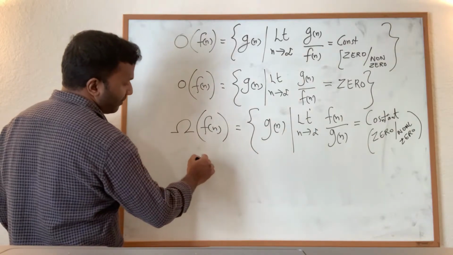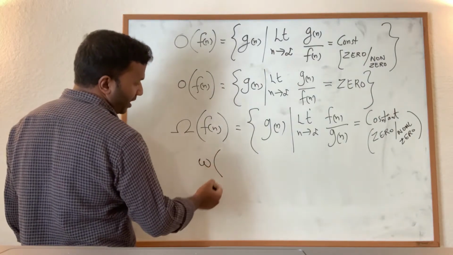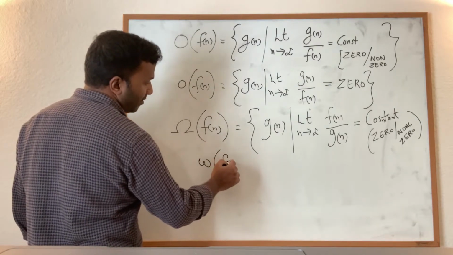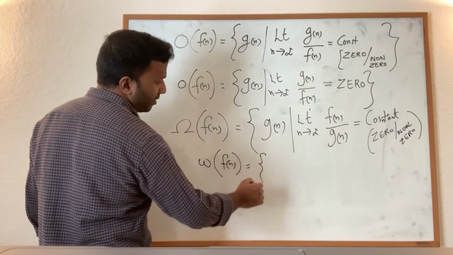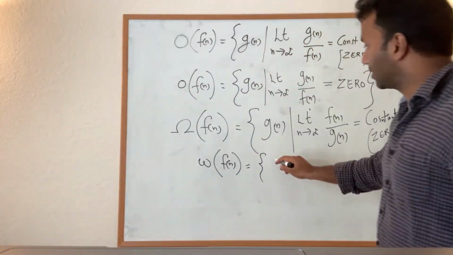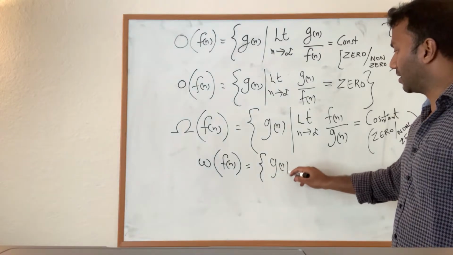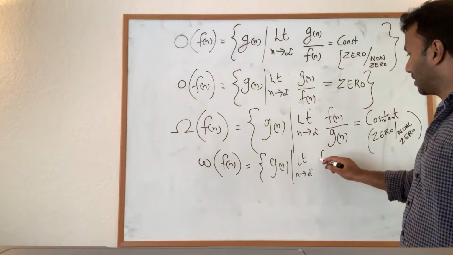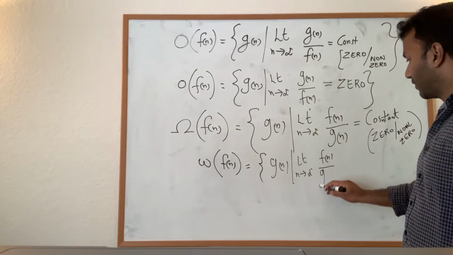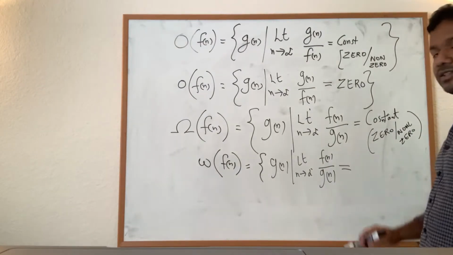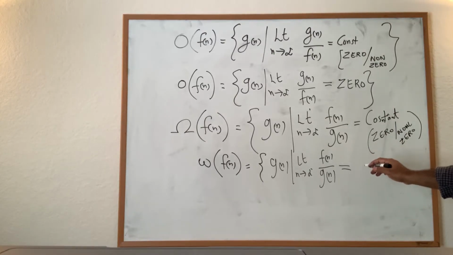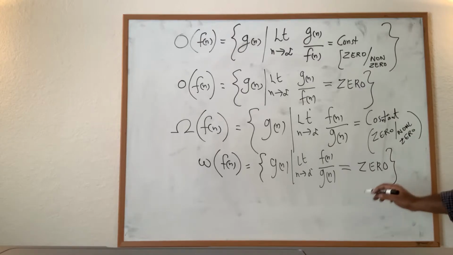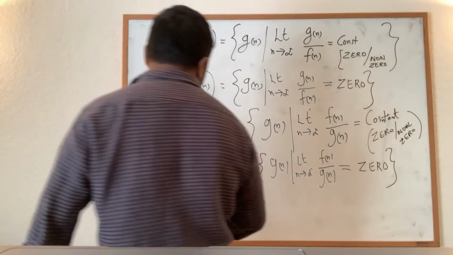And similarly we have small omega. The same thing: g of n, and limit n tends to infinity of f of n divided by g of n. Again we want this to be a constant and it must be 0.